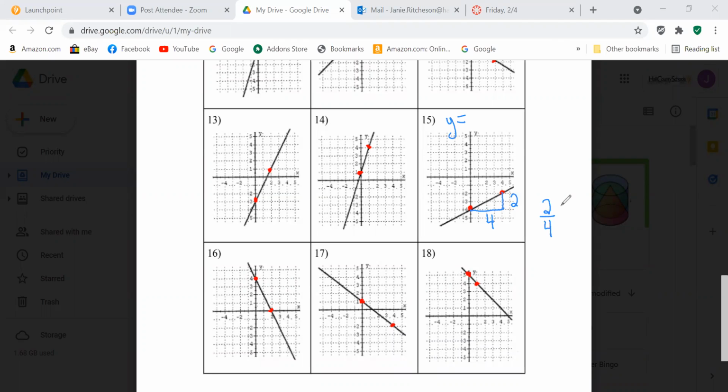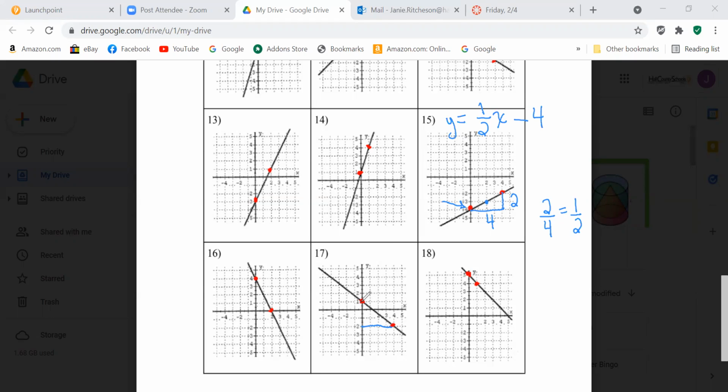Can I simplify 2 over 4? Yep, 1/2. So basically this was also a point right here. 1/2 is the same thing as 2 over 4. But anyway, it's fine. My slope is positive because my line goes up and to the right. Positive 1/2 x minus 4. Where did the -4 come from? It's the y-intercept.